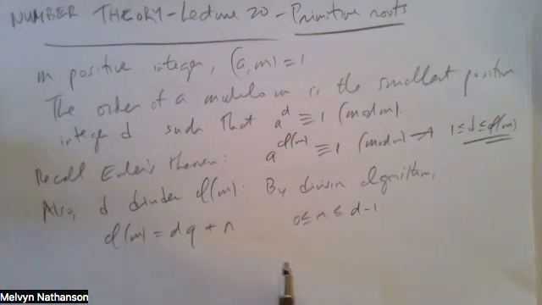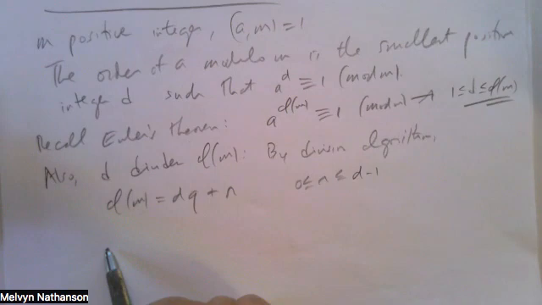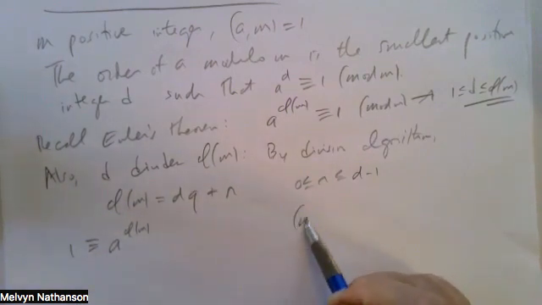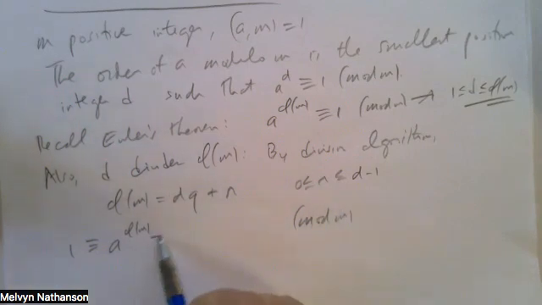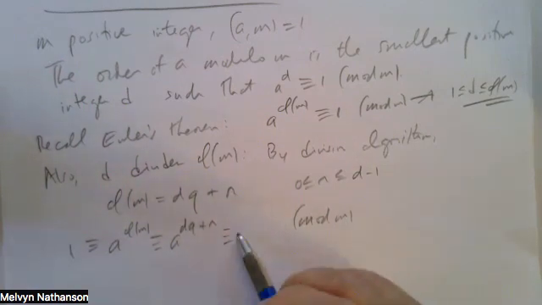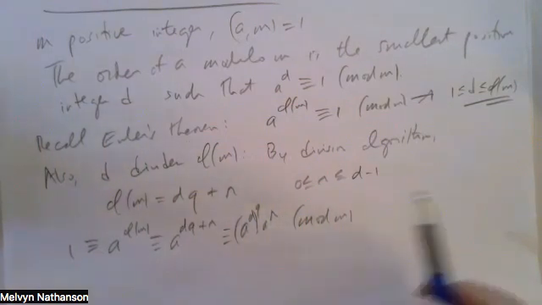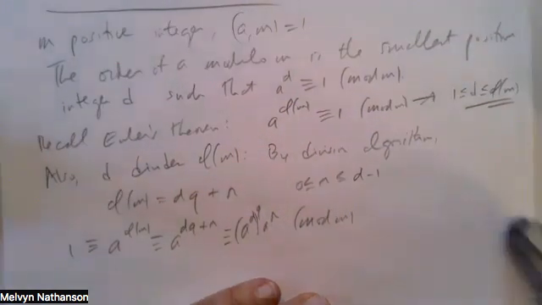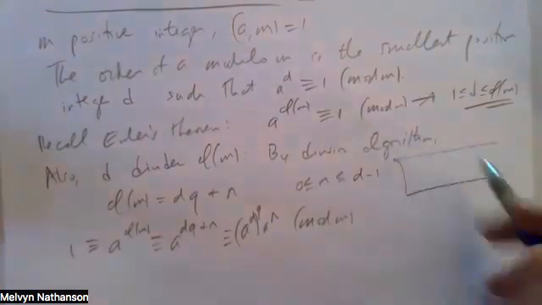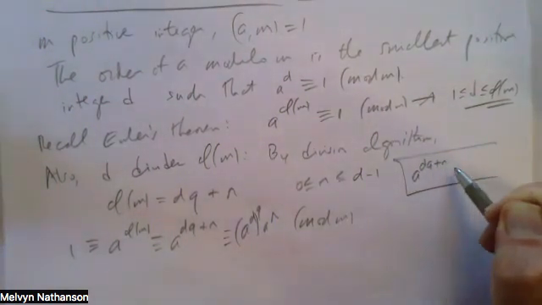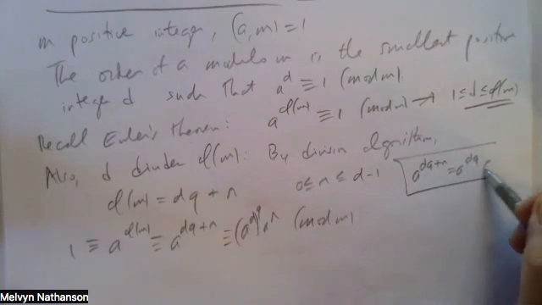So if we look at congruences modulo m, a to the phi of m is congruent to 1 mod m, but phi of m is dq plus r, which is the same as a to the dq times a to the r.